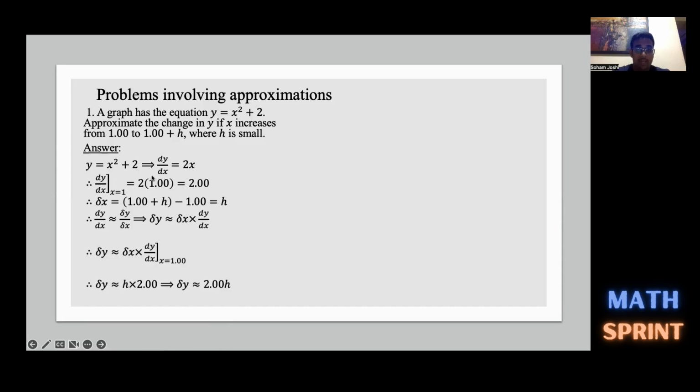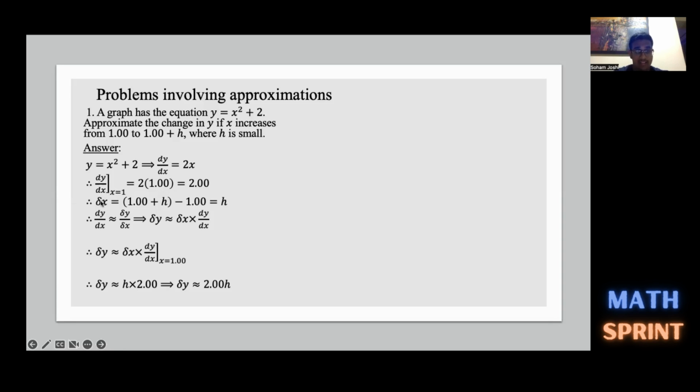I'll explain this. We have the equation y is equal to x squared plus 2. We differentiate it to get the derivative function dy by dx, which is 2x. At x is equal to 1.00, the derivative dy by dx is equal to 2 times 1.00, which is 2.00.